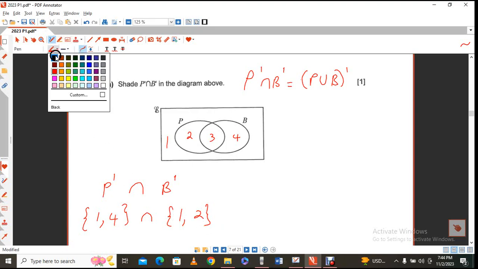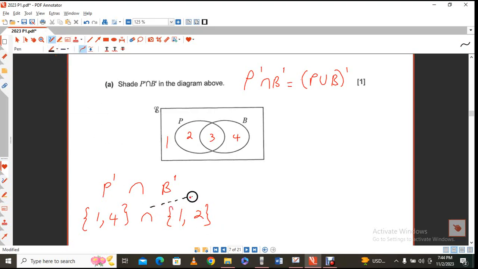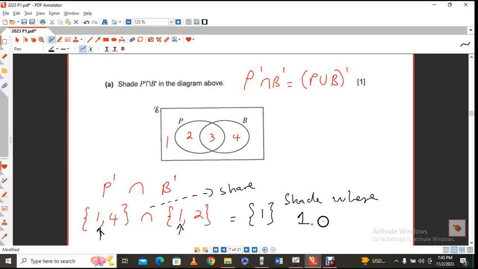Now again, as I said, what does this here mean? It means what do they share? And what you can see, they share a 1, okay? So this is 1. So I'm going to shade the region where 1 is.